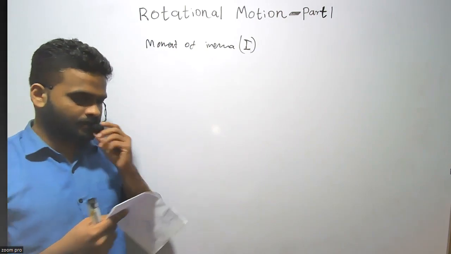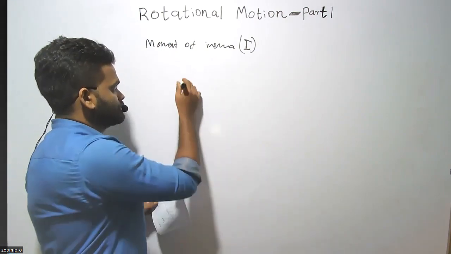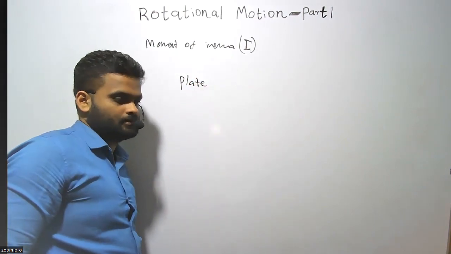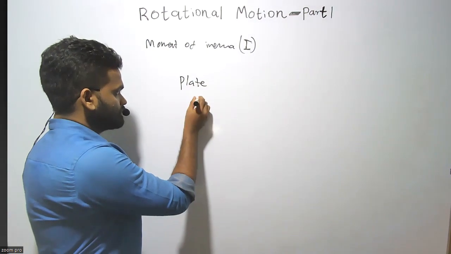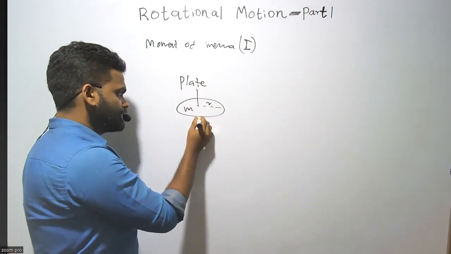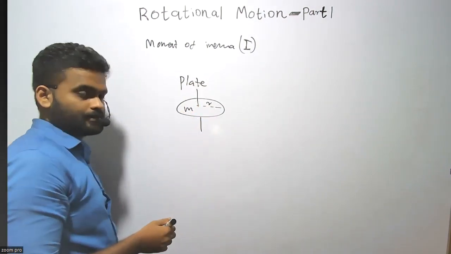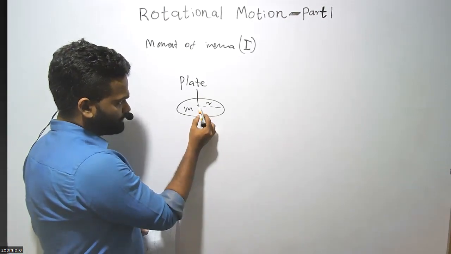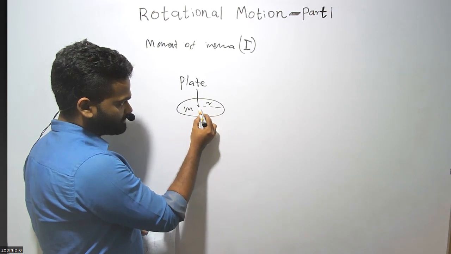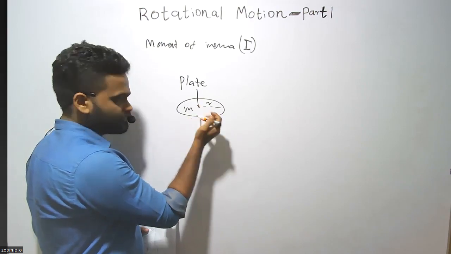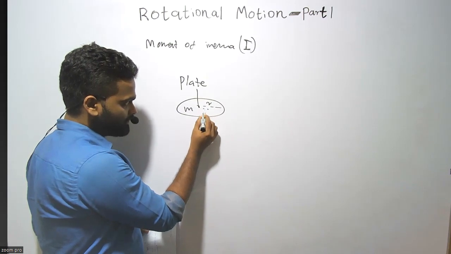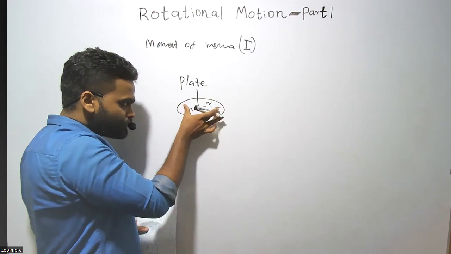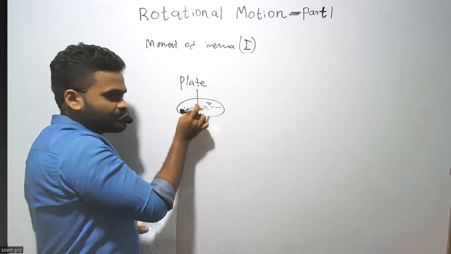Then let's think about a plate. Let's say the plate also has mass m. The radius is simply r. And the rotational axis goes through the center, perpendicular to it. So if you break this into small pieces, small particles, you can see that mass has moved towards the rotational axis as well.